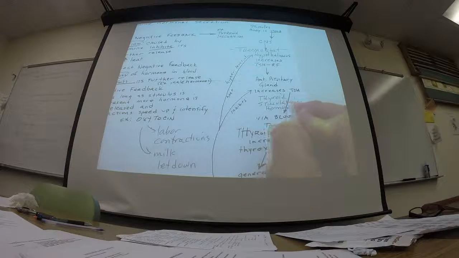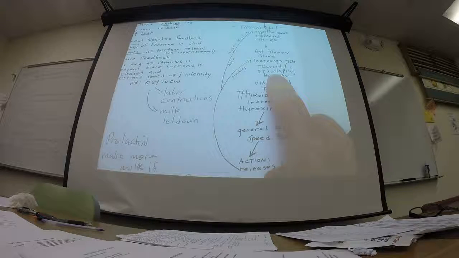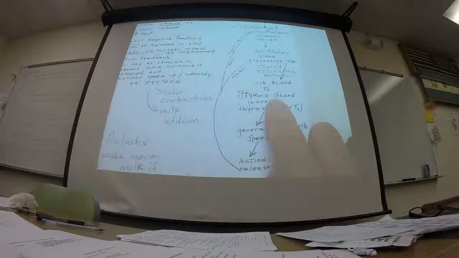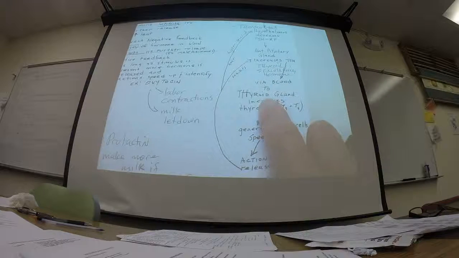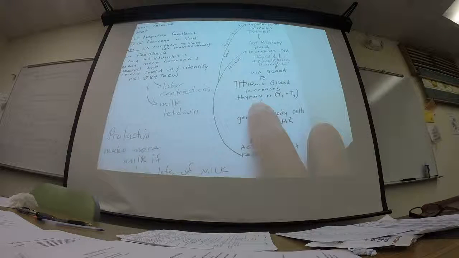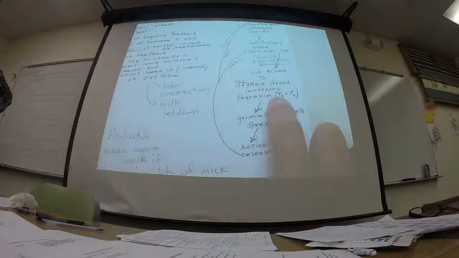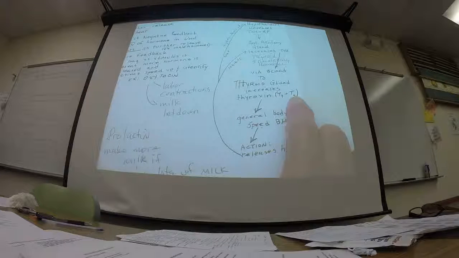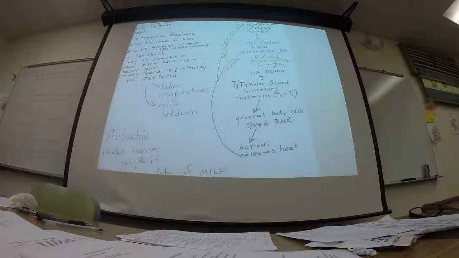So that master gland, the anterior pituitary gland, is now controlling the thyroid gland, because this TSH is going to go in the blood to the thyroid gland and make it secrete thyroxine hormone, whether it be T3 or T4, triiodothyronine or tetraiodothyronine. That's going to go out in your blood to your general body cells, because this happens to be a hormone that acts rather generally throughout your body cells.